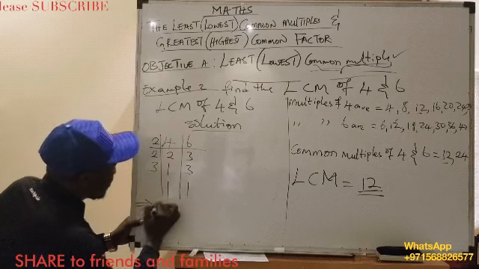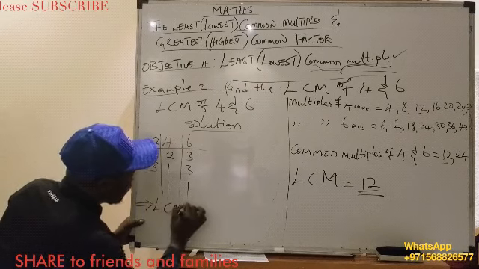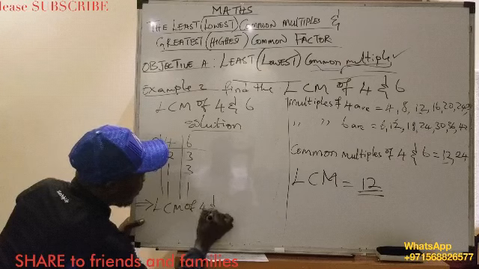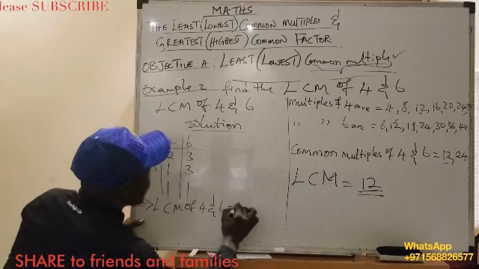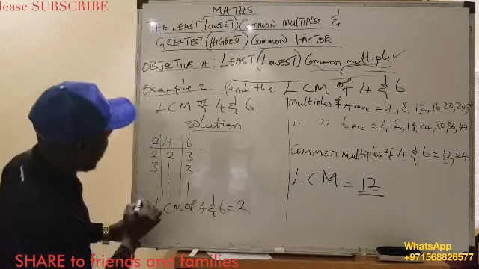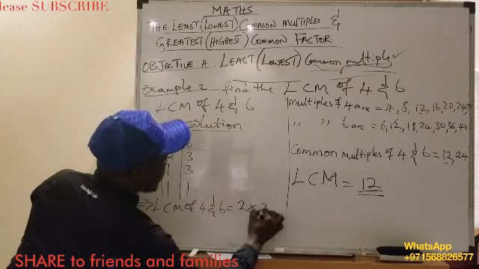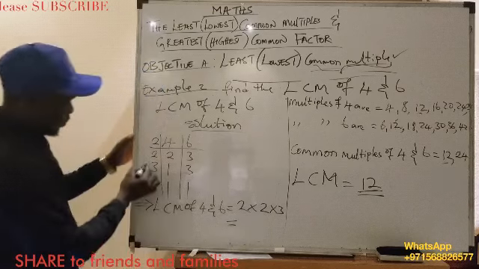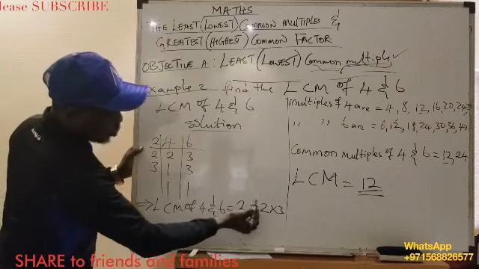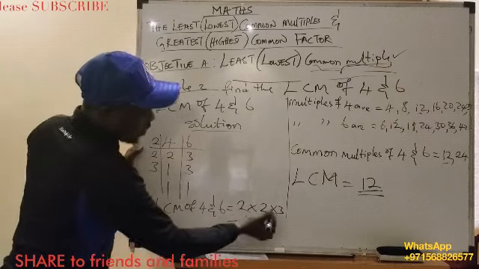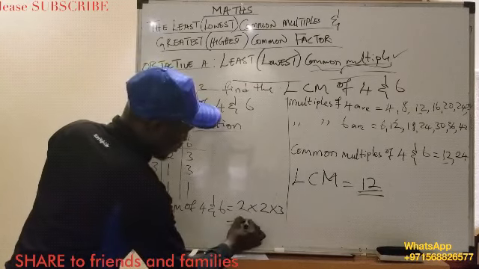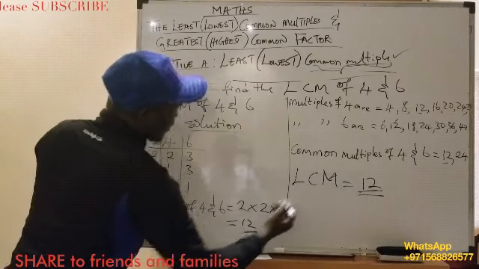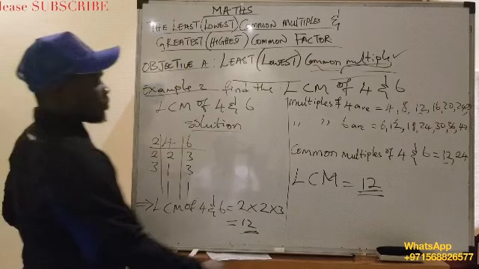This implies that the LCM of 4 and 6 is equal to 2 multiplied by 2 multiplied by 3, which is 2 times 2 will give us 4, and 4 times 3 will give us 12. Therefore, what we got here is correct.